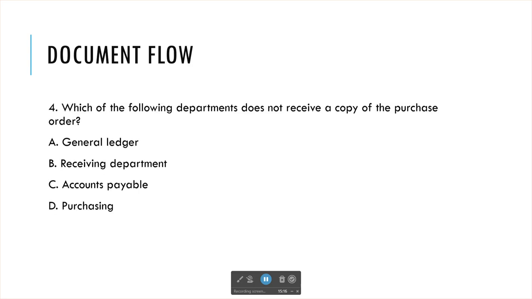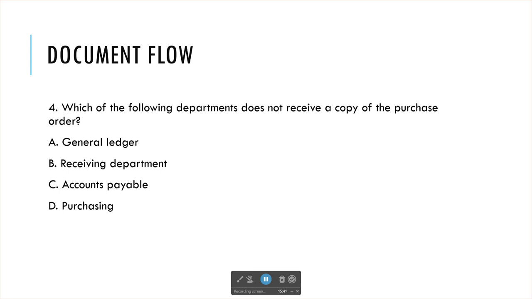Document flow. Which of the following departments does not receive a copy of the purchase order? Well, receiving is going to have a form of the purchase order because they need to be able to communicate back and say that this purchase order has been filled, and they need to be able to link the documents together.